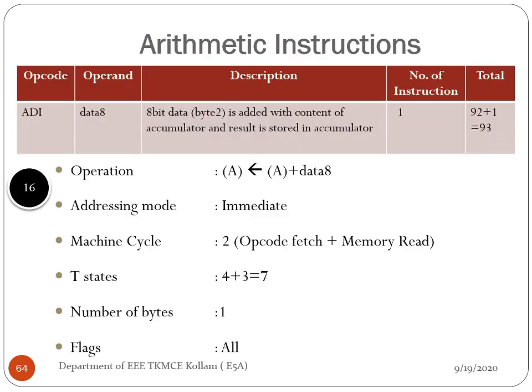Next instruction in this category is ADI data 18. Whenever this instruction is executed, the data which is directly given in the instruction itself is added with the content of the accumulator and the result is saved in the accumulator. As the data for the operation is directly given in the instruction itself, this instruction has immediate addressing mode.